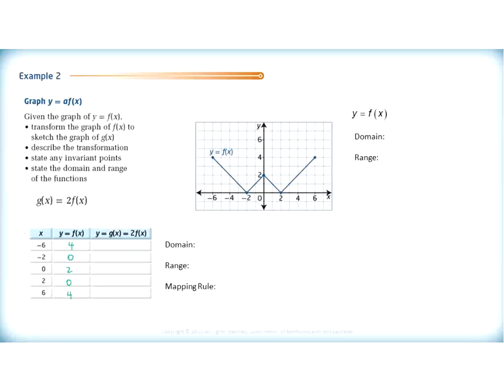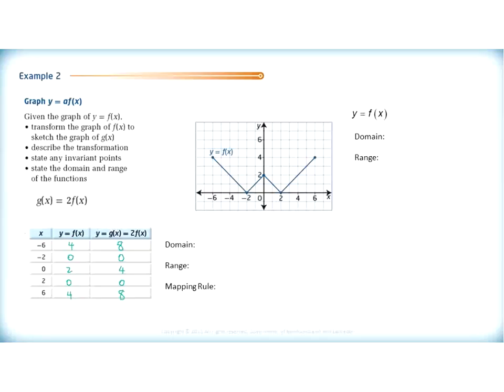The new function, g of x, is 2 times f of x. 2 times f of x simply means double our f of x values. So therefore, 4 times 2 is 8, 0 times 2, 2 times 2, 0 times 2, 4 times 2.